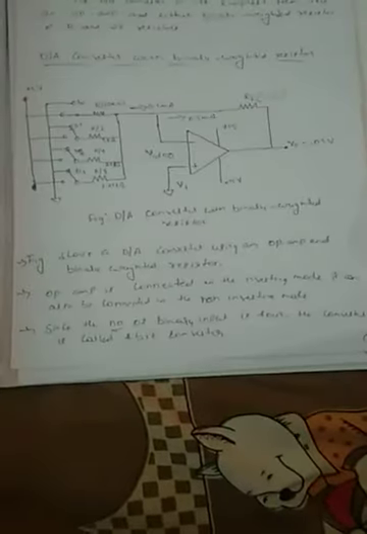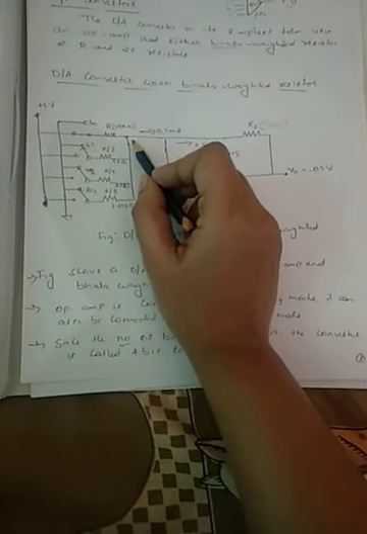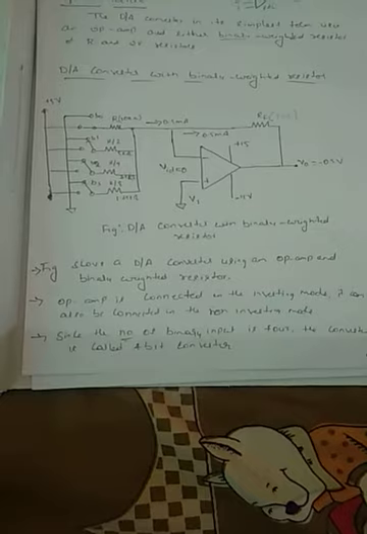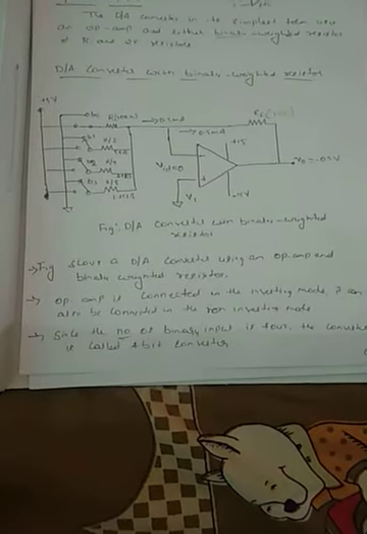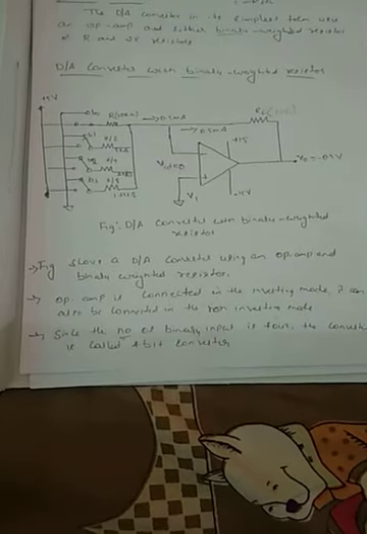This is the circuit of a DAC with binary weighted resistors, which makes use of an op-amp in the inverting mode, that is the inputs are connected to the inverting terminal and the non-inverting terminal is grounded. This acts as a summing amplifier. Here we have connected 4 binary inputs, so it is called a 4-bit digital to analog converter.